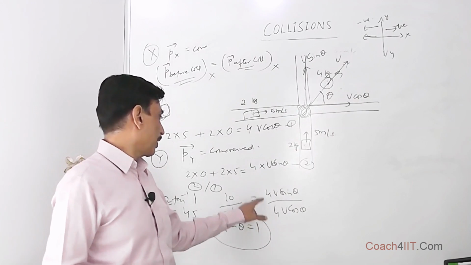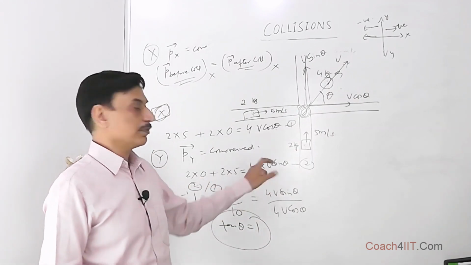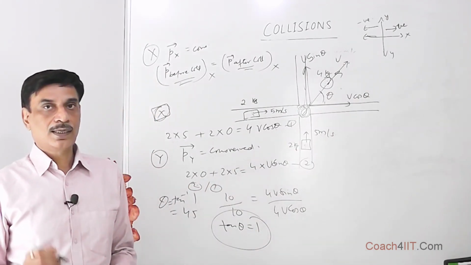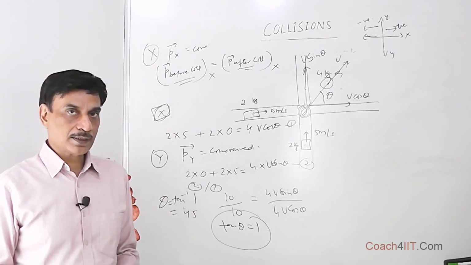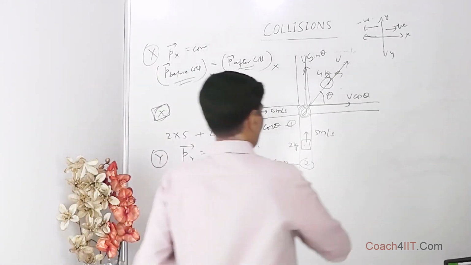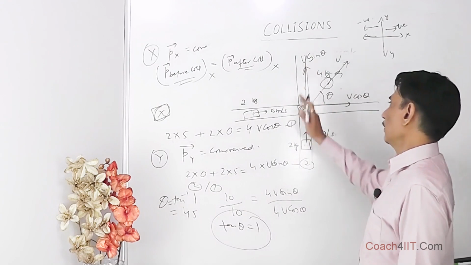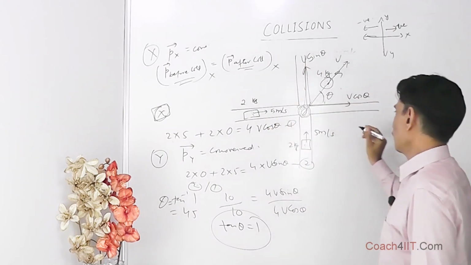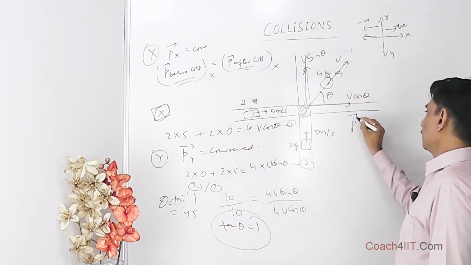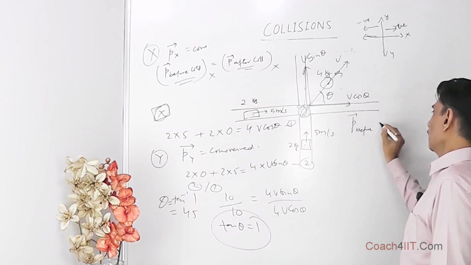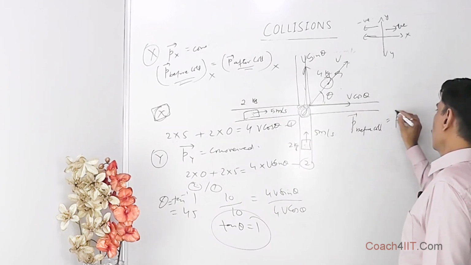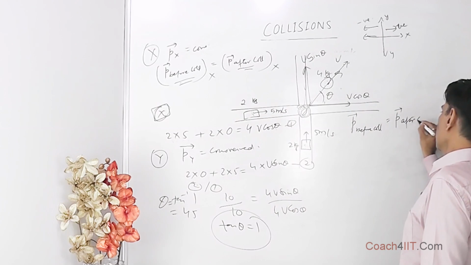We can put the value in any of the equations and get the value of v also. If we intend to do it purely using vectors, we can directly apply it; we don't have to break it into components. So momentum before collision is equal to momentum after collision.